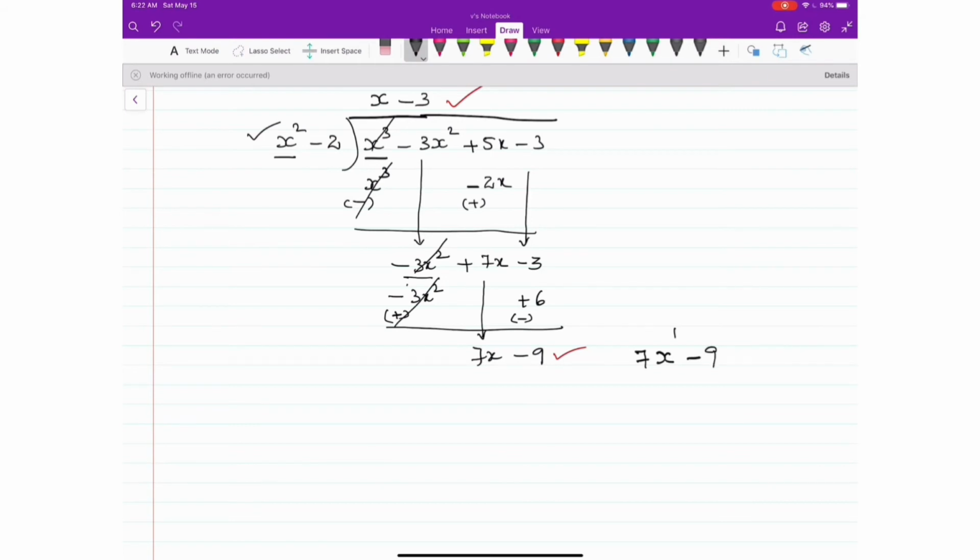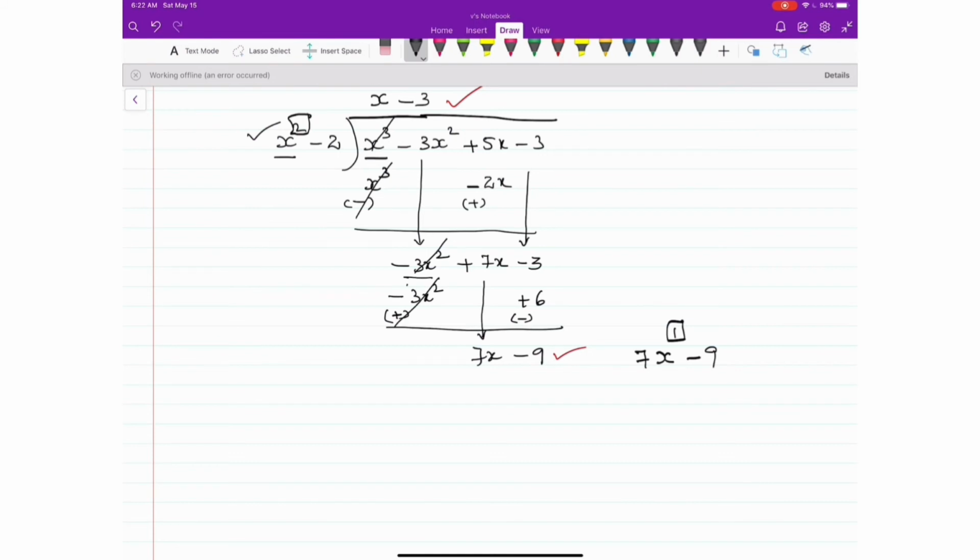That means the degree of the remainder here is 1, whereas the degree of the divisor is 2. So, the degree of the remainder is lesser than the degree of the divisor. So, I have to stop the division process.